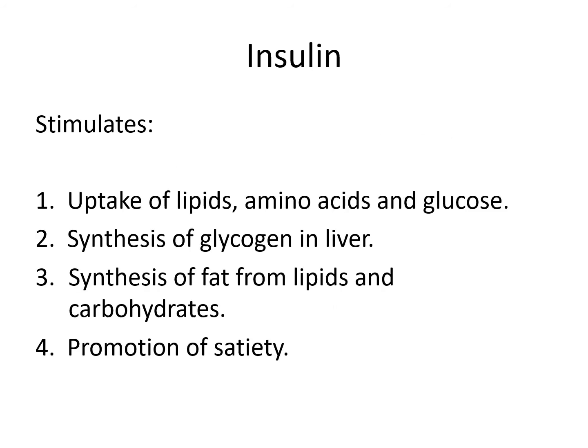What does insulin do? Insulin increases the uptake of lipids, amino acids, and glucose. Okay. It increases the synthesis of glycogen in the liver. It increases the synthesis of fat from lipids and carbohydrates. It promotes satiety, meaning our satisfaction that we've eaten enough.